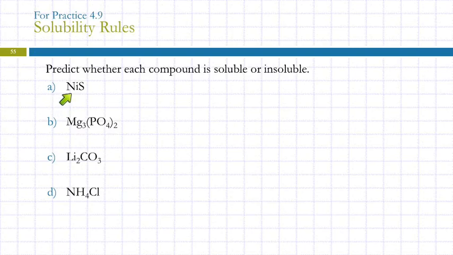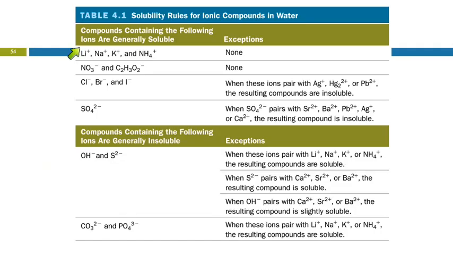So, predicting. Predict whether each compound is soluble or insoluble. Okay, so let's do this one. We're going to look at this cation first. We've got nickel, and then we've got sulfide. And so we're going to go through the list and see if we see any of these ions in here. We're looking for nickel and sulfide. And we're not seeing anything until, oh, here's sulfide.